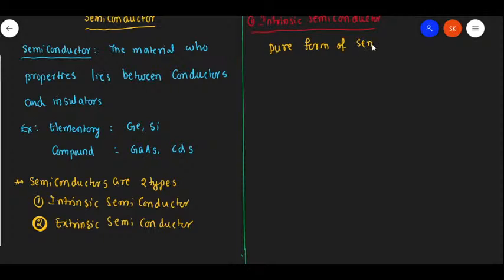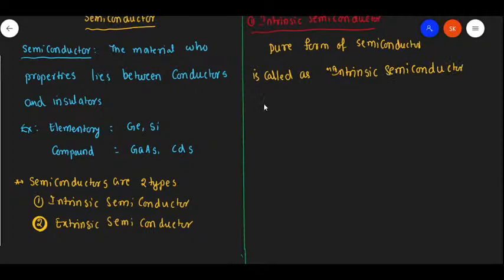Intrinsic means pure form. Pure form means no impurities, right? Intrinsic semiconductor, pure.